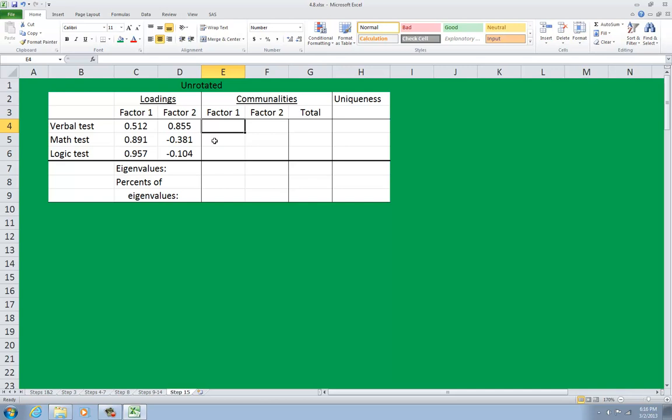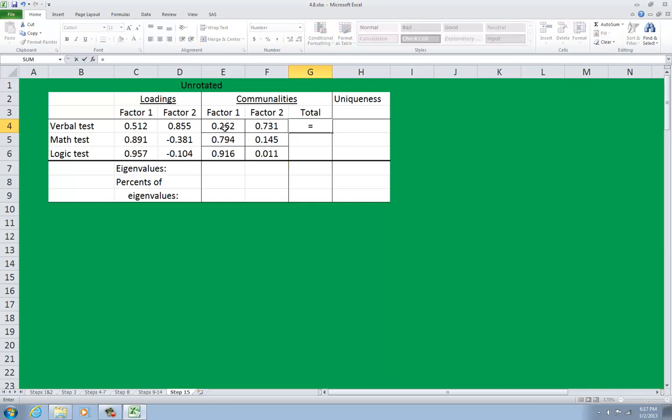Once the factor loadings are entered in the table, the other entries can be calculated from them. So the communalities for the two factors are the squared factor loadings. So we just take the factor loading and square it here. And I can move that down. And then let's move that over as well. So that's pretty simple. The total communalities are the sums of the individual factor communalities by rows.